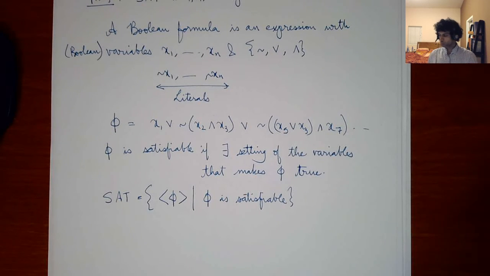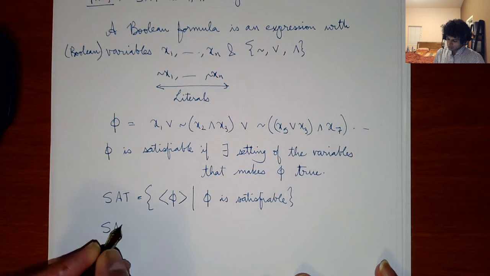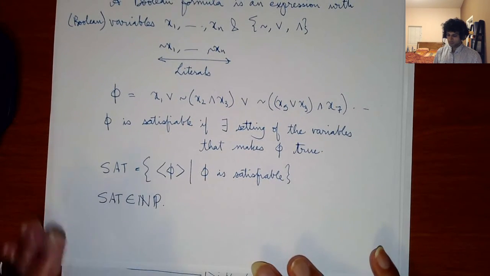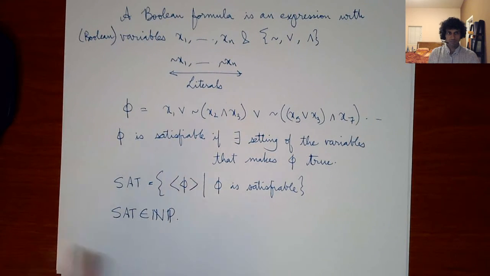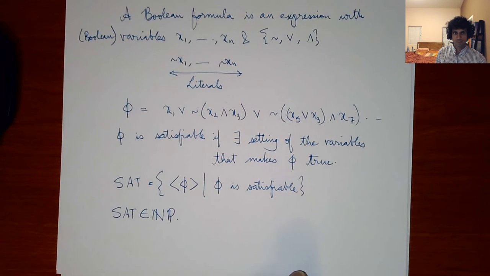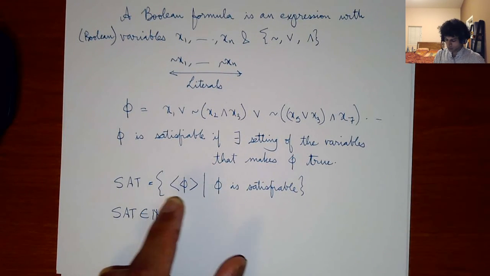Okay. So SAT is in NP. I'll let you pause and think about it and tell me, why is it in NP? You need to say that for anything that is in the language, there is a certificate that can be efficiently evaluated on phi.